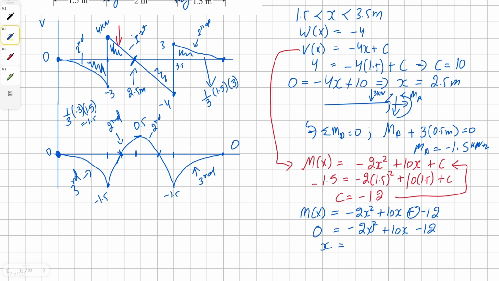Solve for this quadratic equation. We get our solution as 2 and 3. Therefore, these are the intersections.